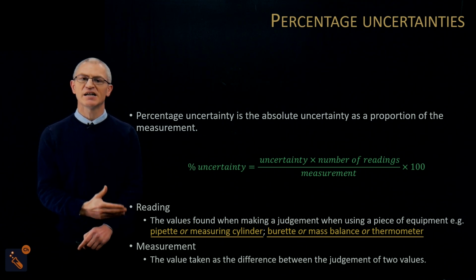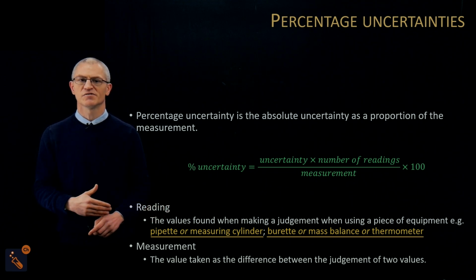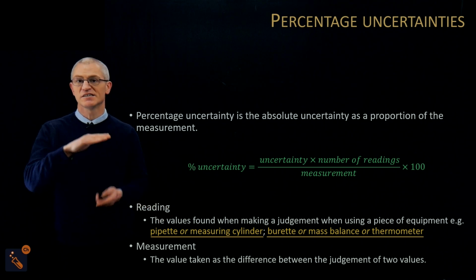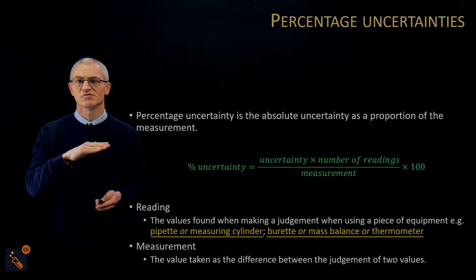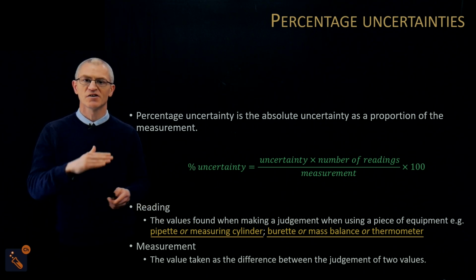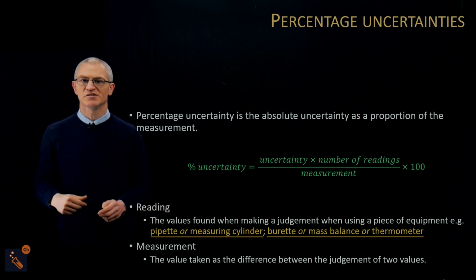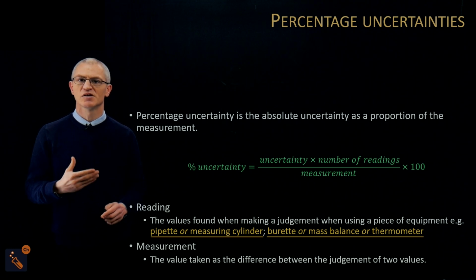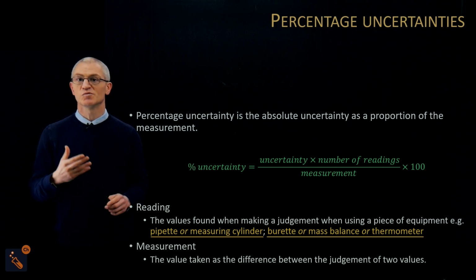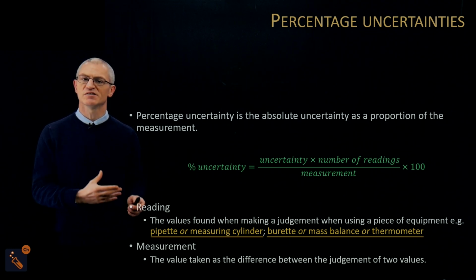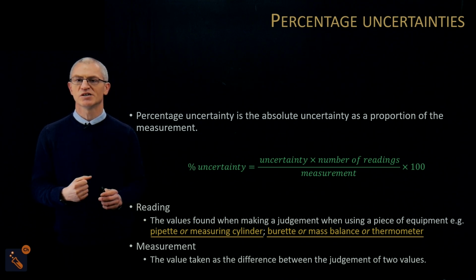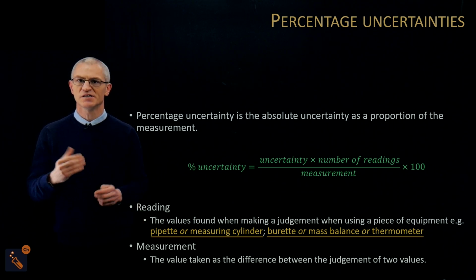The measurement is the value taken as the difference between the two readings. So for example, if I have two readings on a mass balance, it's that difference between the two masses that I have. If it's only one reading, it's just the volume that you've measured. So if it's a 25 centimeters cubed pipette, your measurement would be 25 centimeters cubed. If it's a 50 centimeters cubed measuring cylinder, your measurement would be 50.